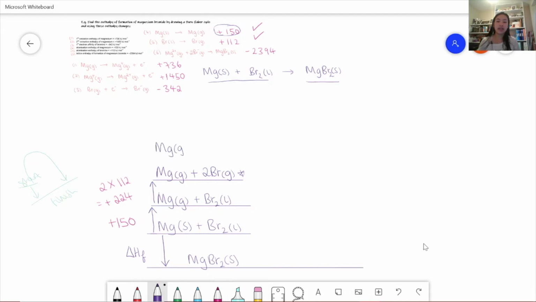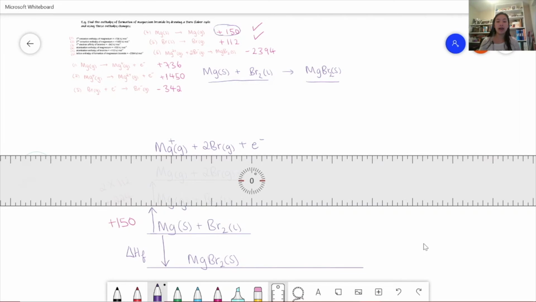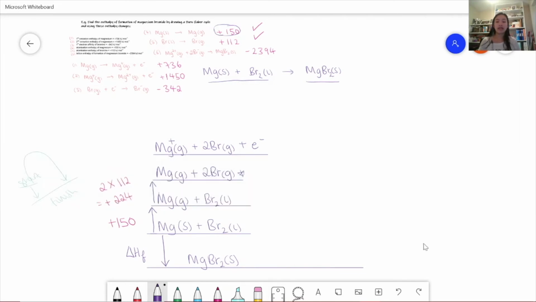So I get a magnesium gas, but it's going to be a plus ion now. And then I'm going to also still get the 2Br gas. I'm not changing anything about that, but I get an electron because I've taken an electron from the magnesium gas to form an Mg plus gaseous ion. And that's our next level. And then I draw another arrow up because that's also endothermic, and that comes out to be plus 736.